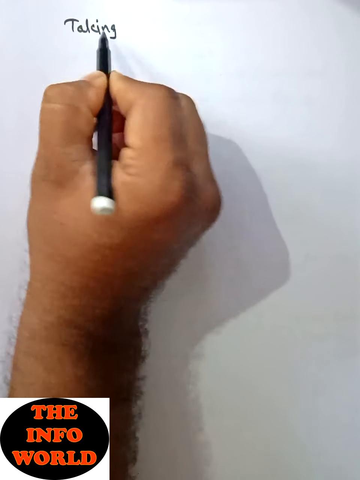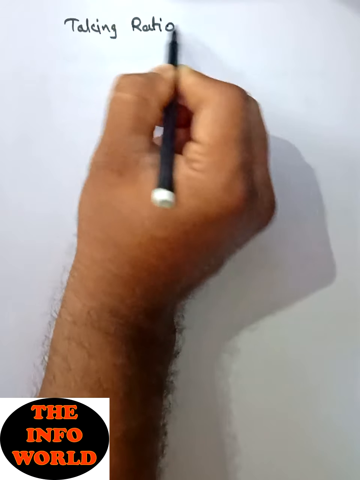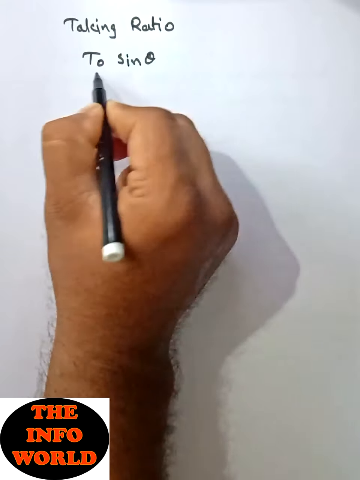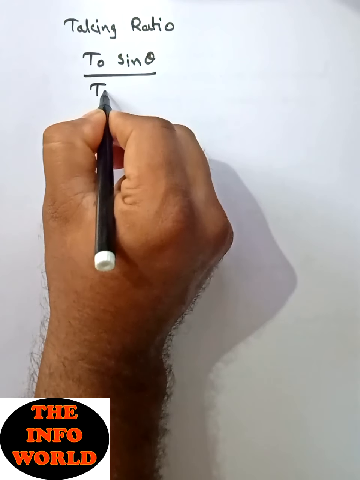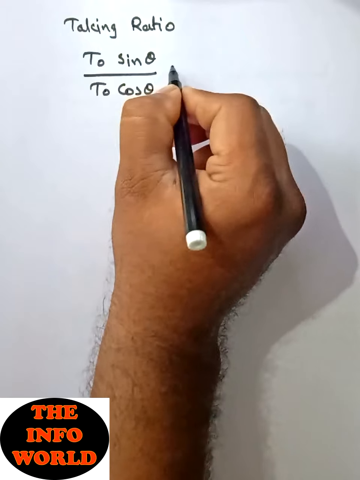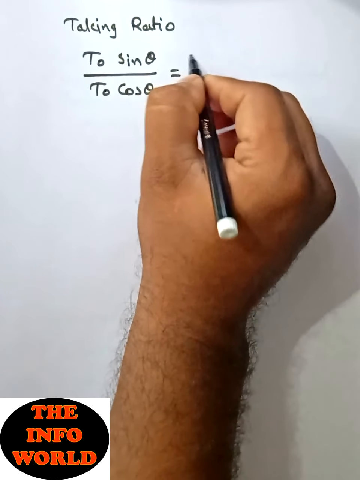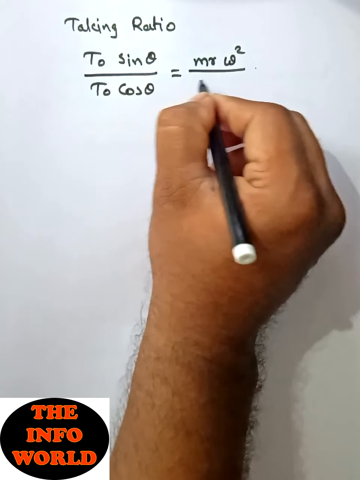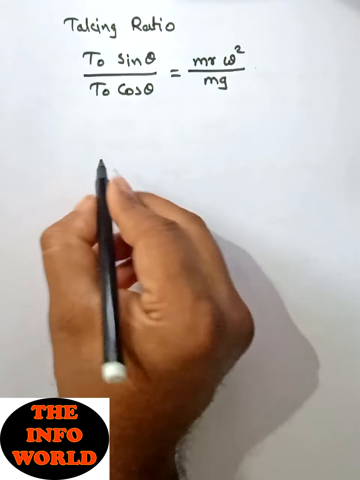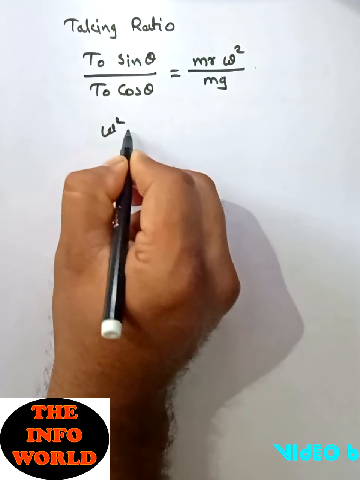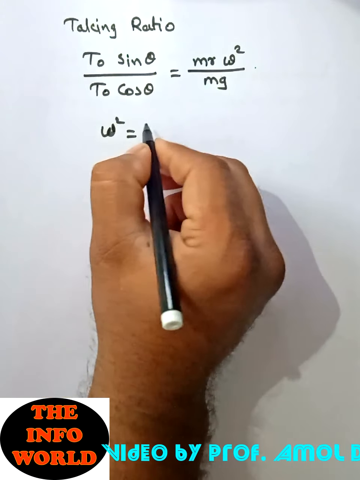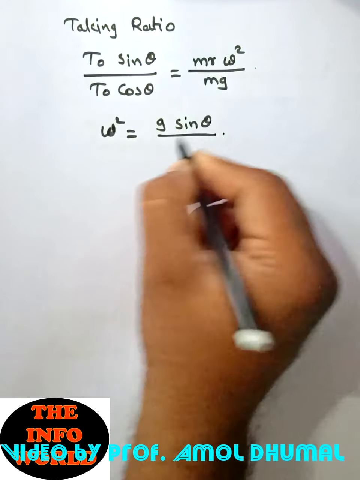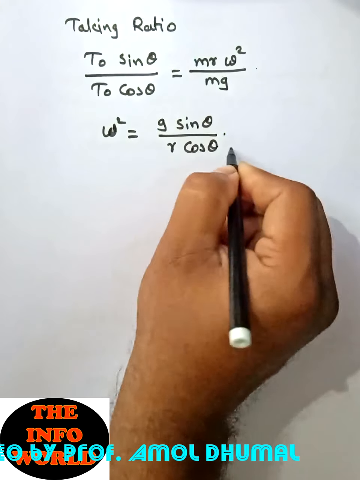Taking the ratio, we get T0 sin theta upon T0 cos theta is equal to m r omega square divided by mg. So omega square is equal to g sin theta upon r cos theta.